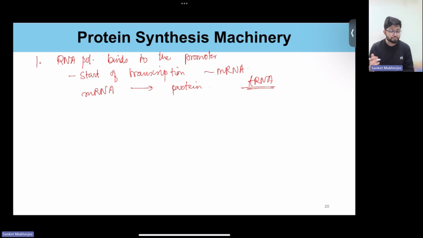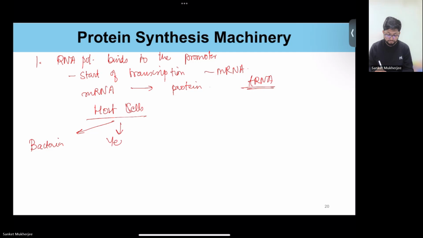Now coming to the host and vectors, there could be multiple host cells which we can use. They could be prokaryotic cells like bacteria, they could be yeast, animal cells, or even plant cells.